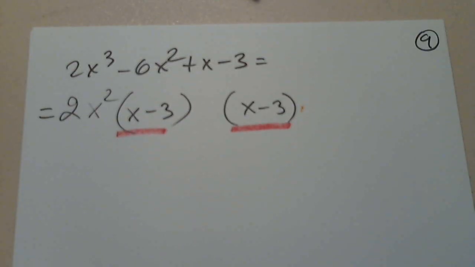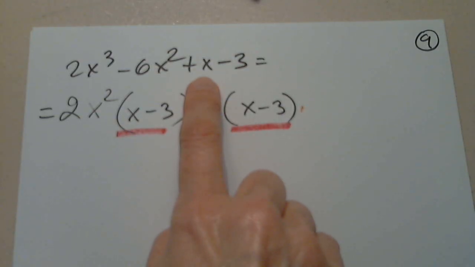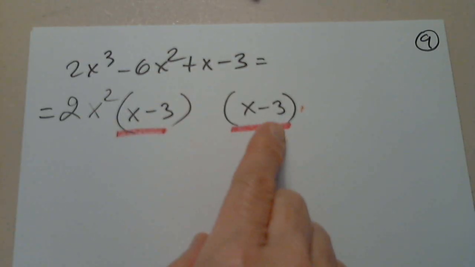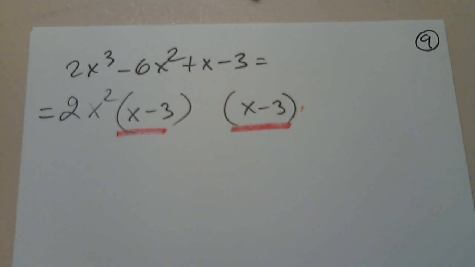Anybody, please? It's a sign of negative 1. But if I put negative 1 times x, it will not give us x. And negative 1 times negative 3 will not give us negative 3. So what will be the sign and the factor then?